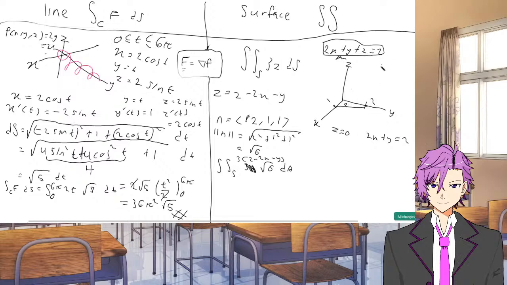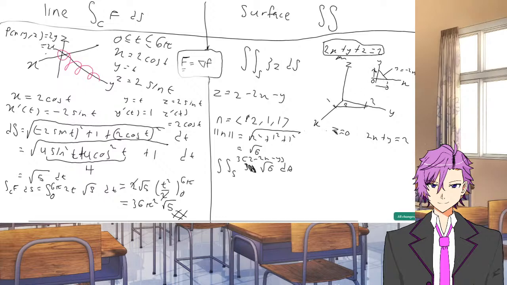So if we do an xy curve, 0, 1, here's 2, so this one would be y equals minus 2x plus 2.